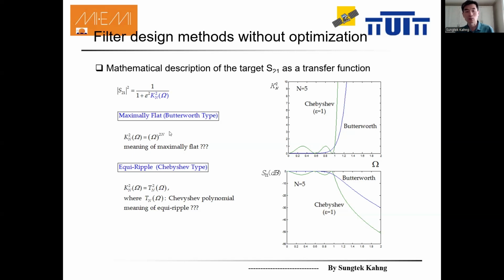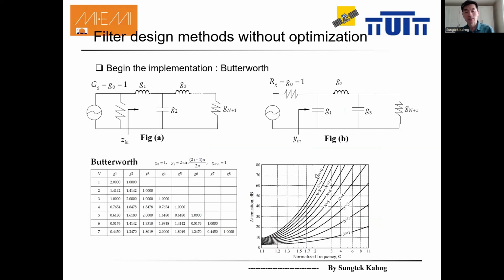If you want to make the normalized passband very flat, you will choose the Butterworth type. This is the Butterworth expression: omega to the 2n. And k_n squared becomes Chebyshev squared if you want a better roll-off effect.